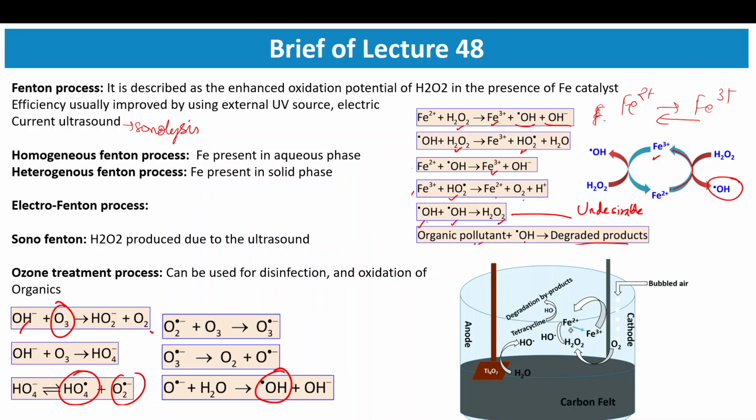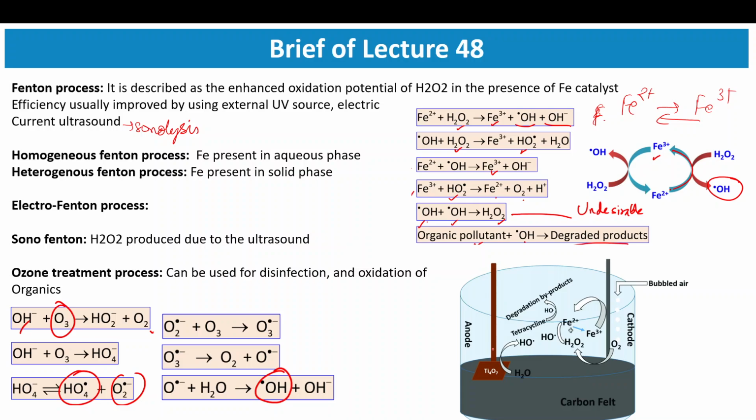So you can look at this schematic. As the current passes, the oxygen which is present by bubbling the air gets converted into H2O2 by the reaction at the cathode.